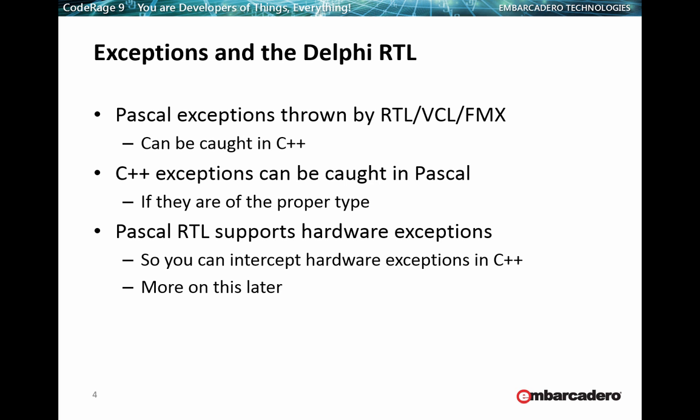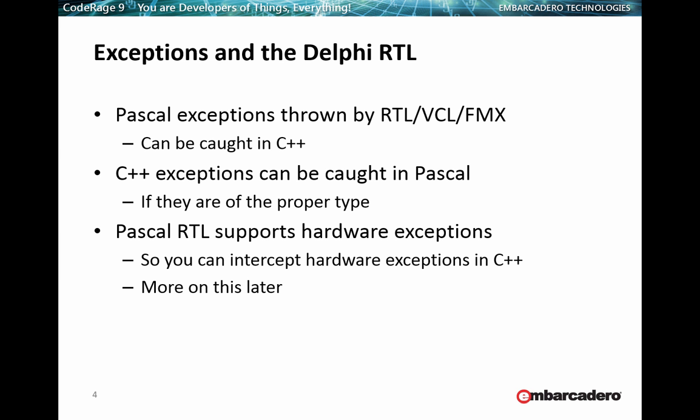So in the Pascal RTL, depending on the platform, we install handlers which watch for the hardware exceptions, and they essentially reissue them in the form of a regular old language exception, but wrapped up inside of a Pascal RTL class that's derived from T-exception, and they have a bunch of different subclasses to describe the various different hardware exceptions.